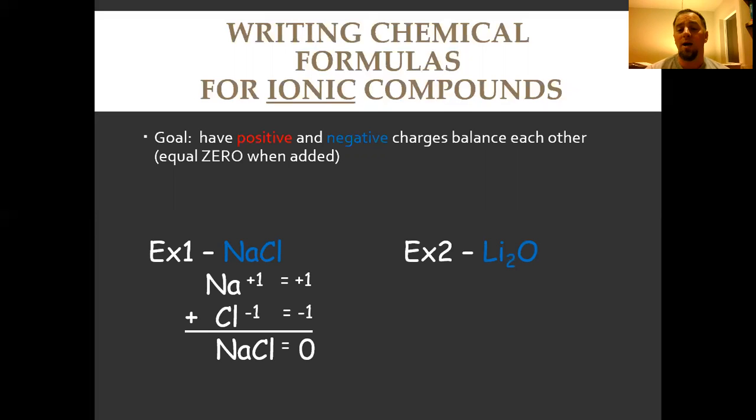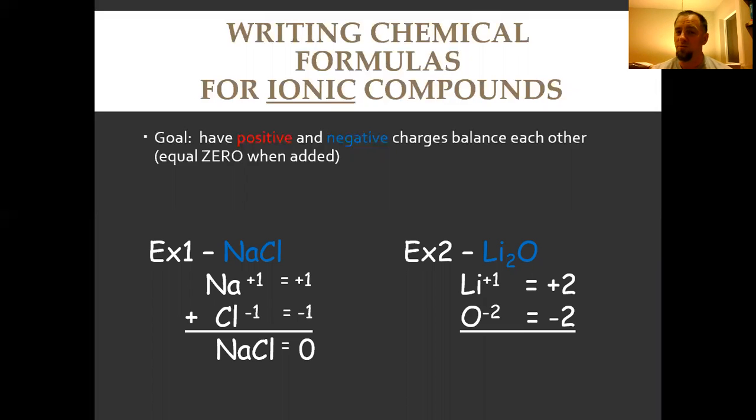Lithium oxide. All right. If lithium ion has a 1+ charge, but I have 2 of them, so the net charge for those 2 lithium ions is 2+. Oxygen, an anion, has a 2- charge.